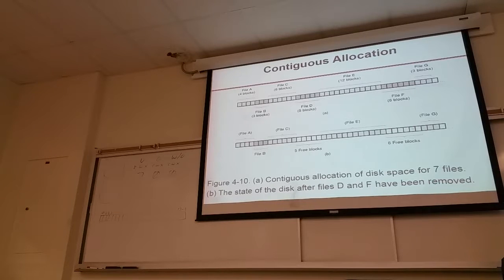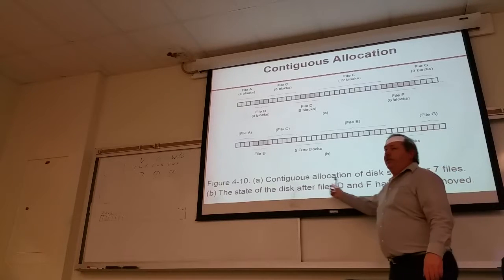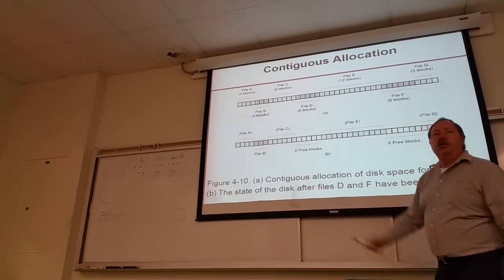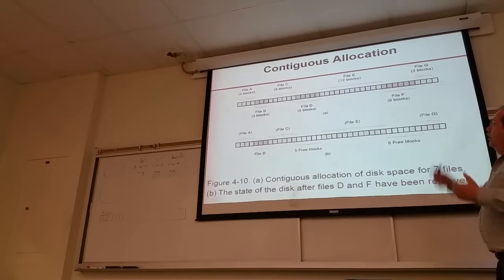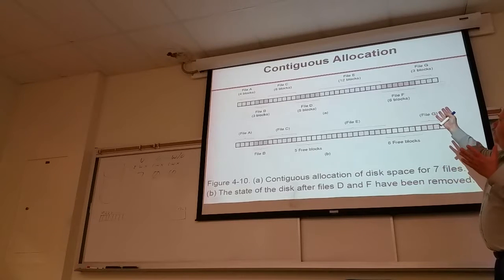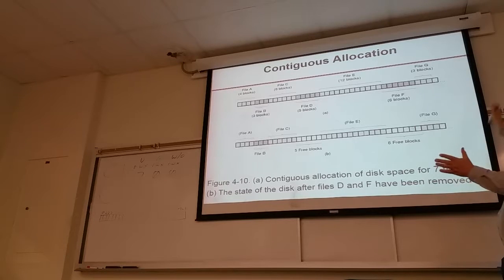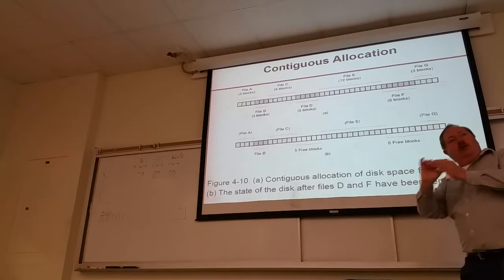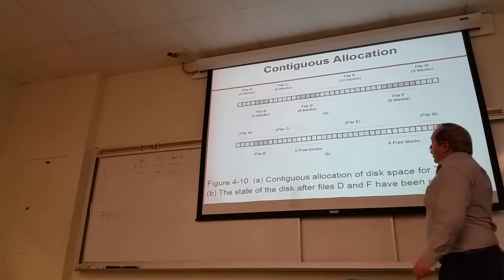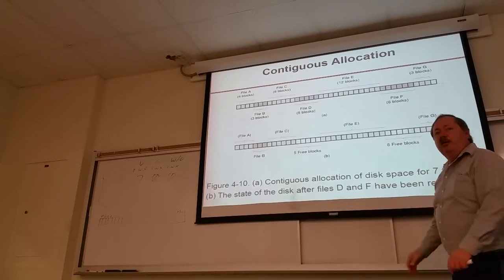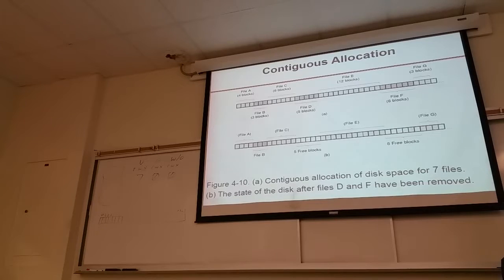As I'm creating these files in this file system using contiguous allocation, everything goes pretty smoothly. I just say, I need 4 blocks, I need 5 blocks, I need 12 blocks. However many blocks I need, I just go grab them. They're all right next to each other contiguously, and I am a happy file manager, right?